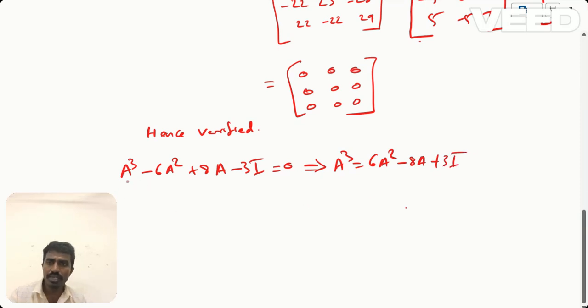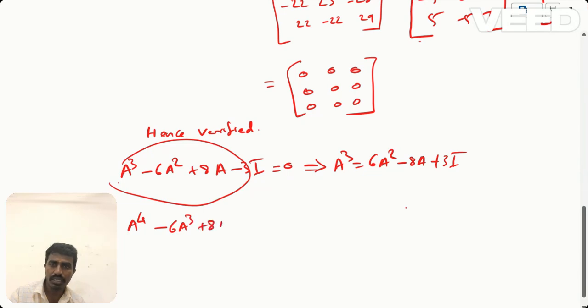Now, if you multiply A with this equation, everywhere if you multiply A, then we get A power 4 minus 6A cube plus 8A square minus 3A equal to 0.